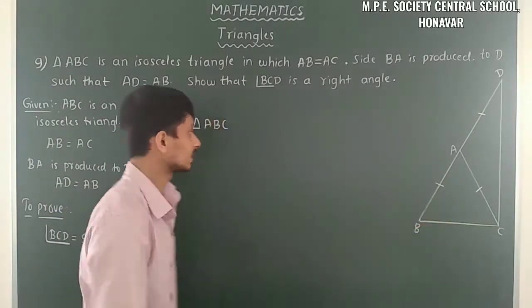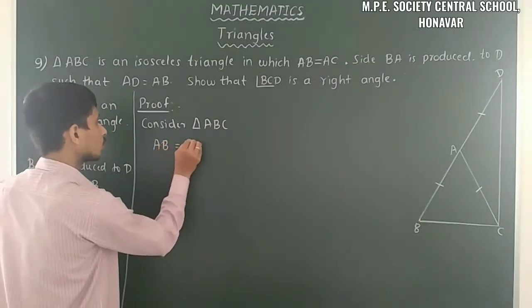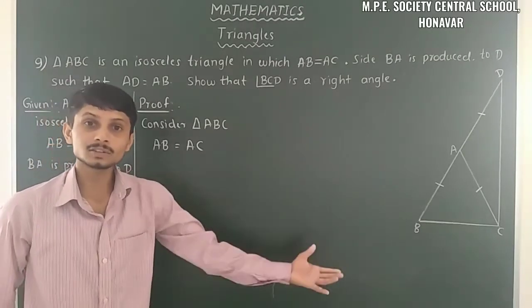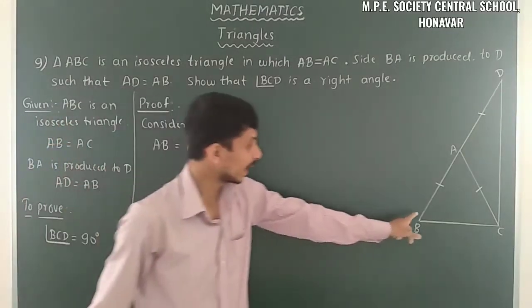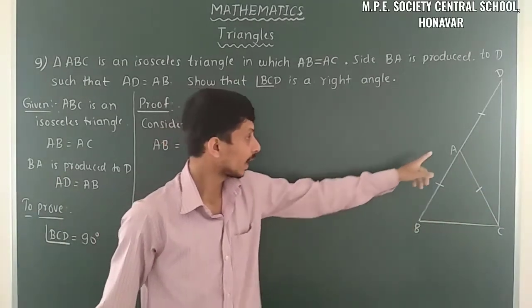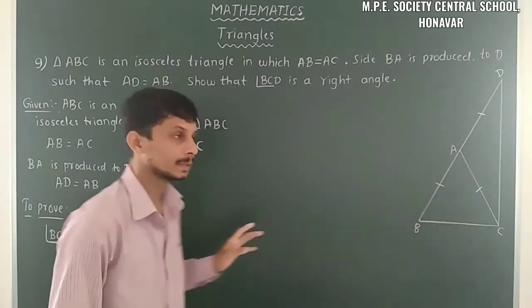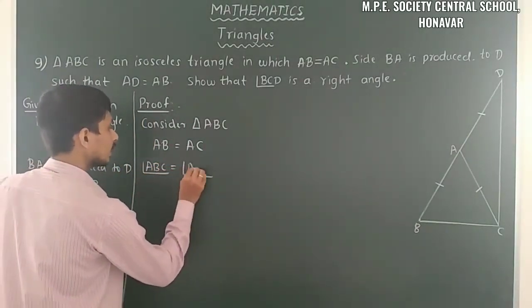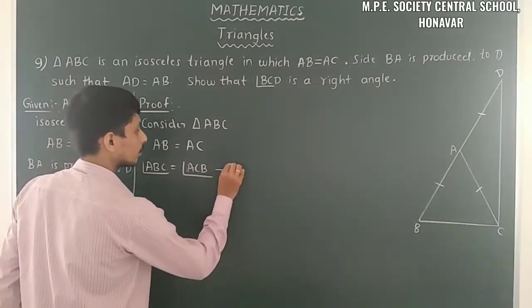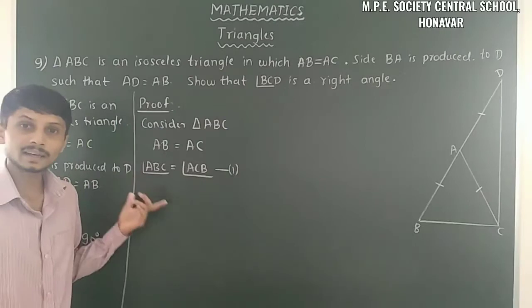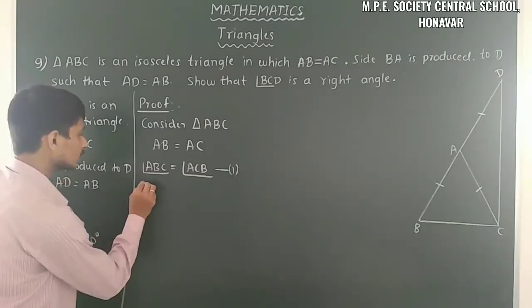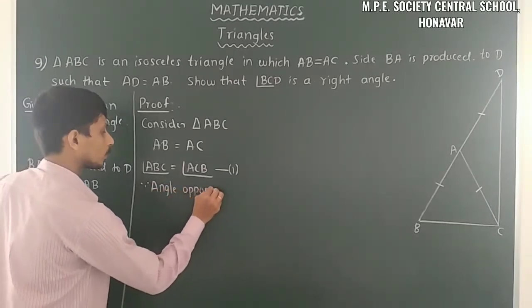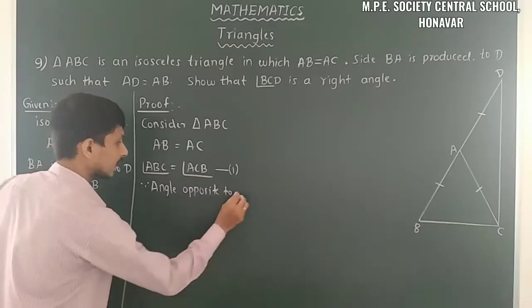Those two are equal sides. When AB is equal to AC, angles opposite to the equal sides are equal. That means angle B is equal to angle C. So angle ABC is equal to angle ACB. I will take this as equation number 1. Why? Because they are angles opposite to equal sides.